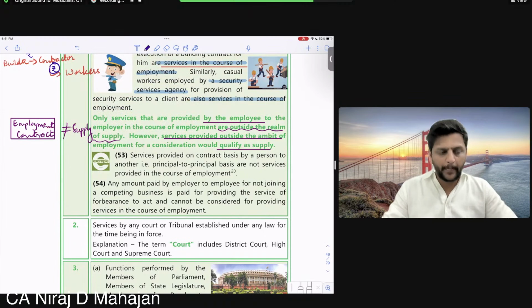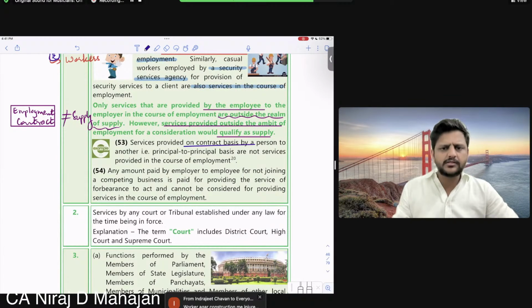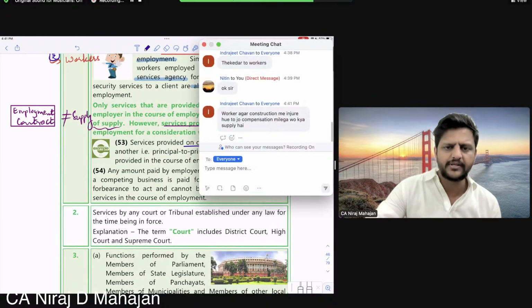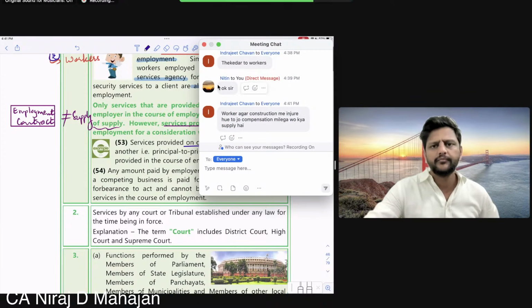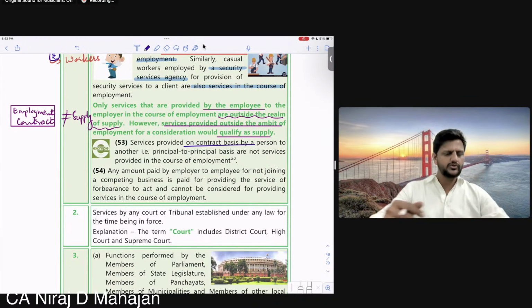So services provided on contract basis by a person to another, that is on a principal to principal basis, are not services provided in the course of employment. Remember, compensation for injury is not a supply.